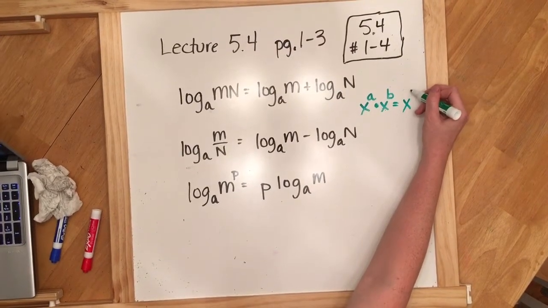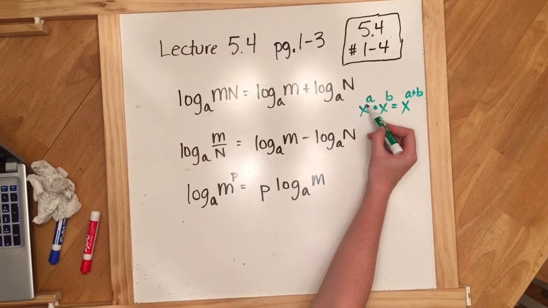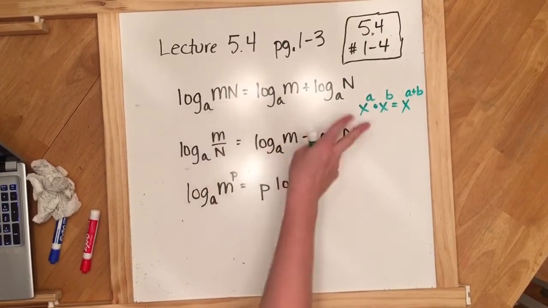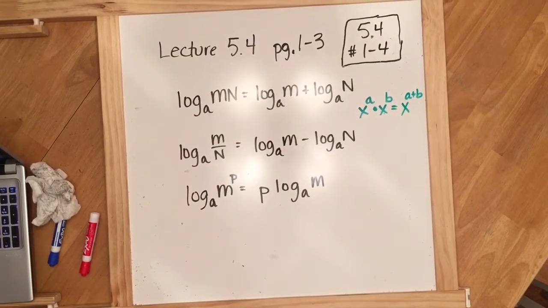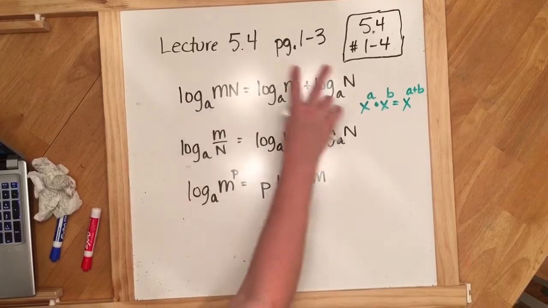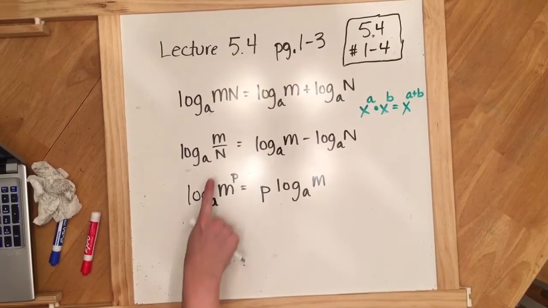So this is x raised to the a plus b. So multiplication means addition. Very similar here, but it's kind of backwards since they're inverses. So multiplication in the logarithm means addition for separate logarithms.